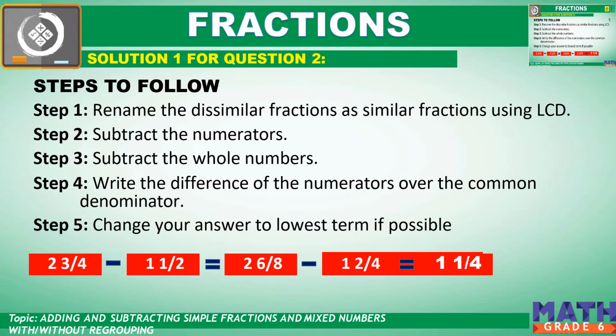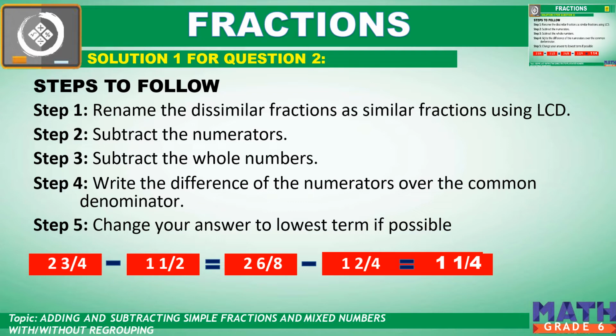And for solution for question 2, so we have here another steps to follow. Step number 1, rename the dissimilar fraction as similar fraction using LCD. Step number 2, subtract the numerators. Step number 3, subtract the whole numbers.